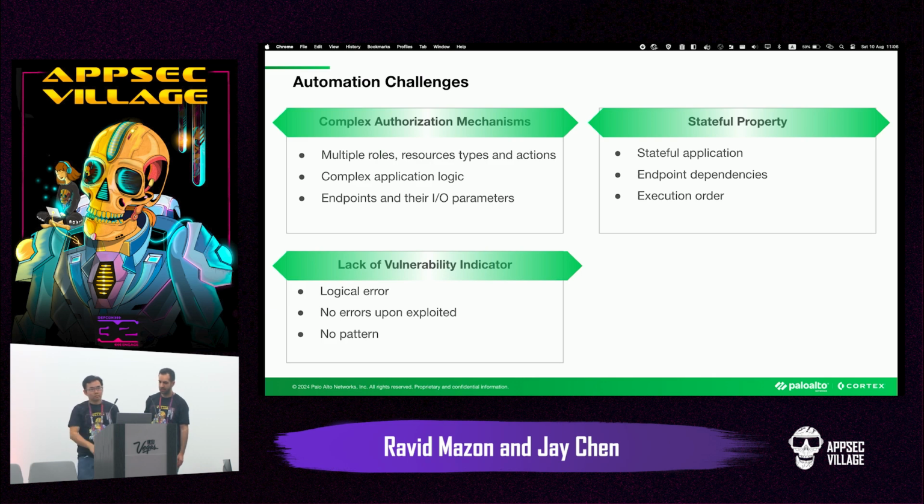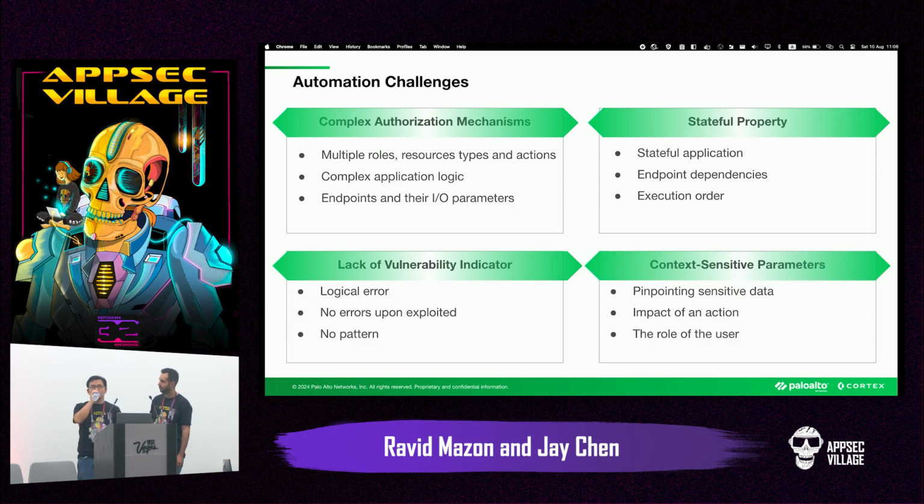Also, there is a lack of a vulnerability indicator, basically. Unlike XSS or SQL injection, where it is pretty straightforward to recognize the pattern of the payload, BOLA is a logical error. So it's not really malicious by definition. So it's hard to analyze and understand whether it is a BOLA or not. And lastly, the context.